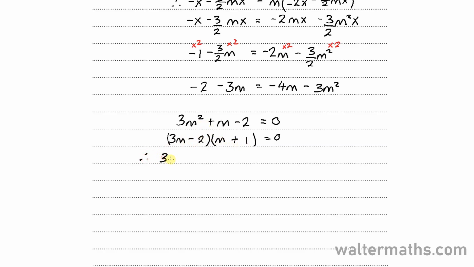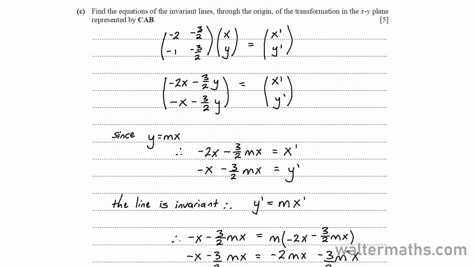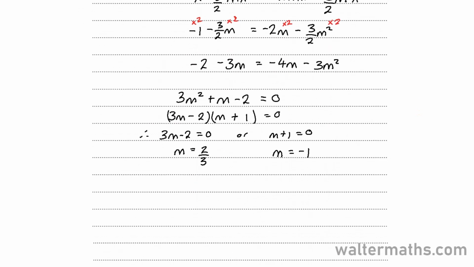So therefore it's either 3m - 2 that's equal to 0 or m + 1 that's equal to 0, where we'll get the value of m coming out as 2/3 and m here coming out as -1. So we now have the two possible values of m, and we are saying that the invariant lines through the origin take the form y = mx.